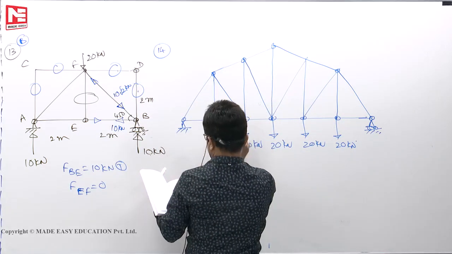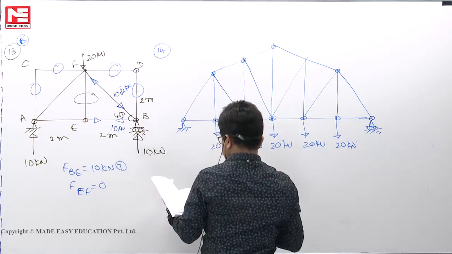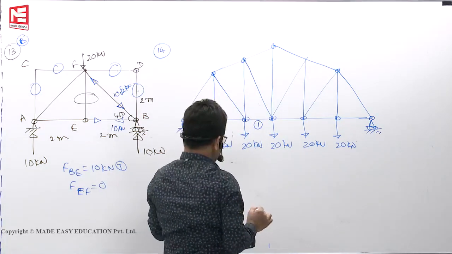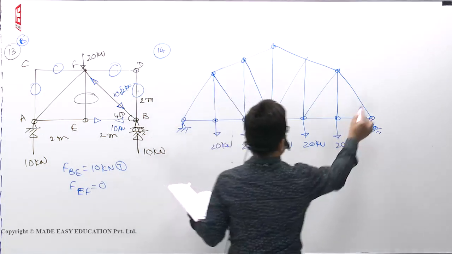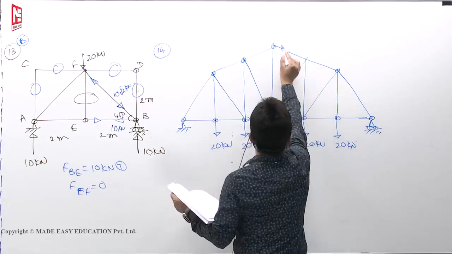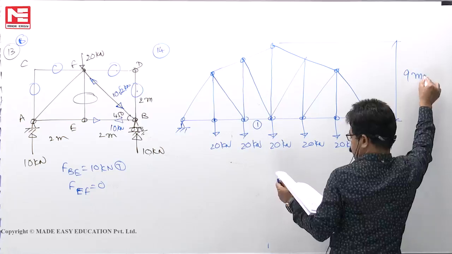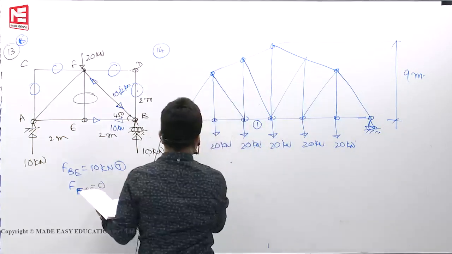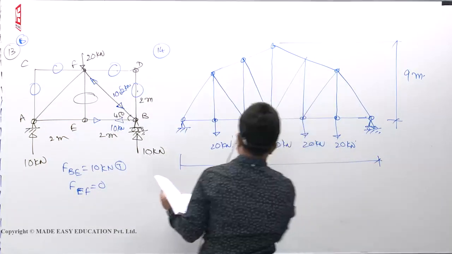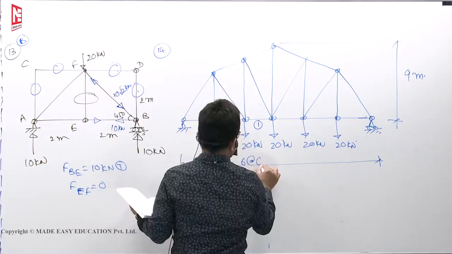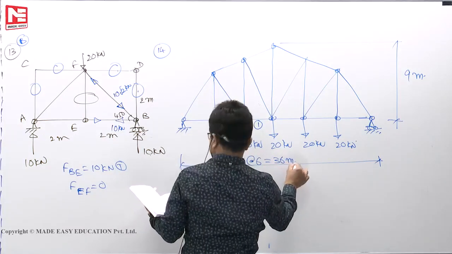This is force in the member 1. We want it in 1. This is 9 meters up to the top, 9 meters. Then 6 at 6 meters. All are 6 meters. 6 at 6, 36 meters.